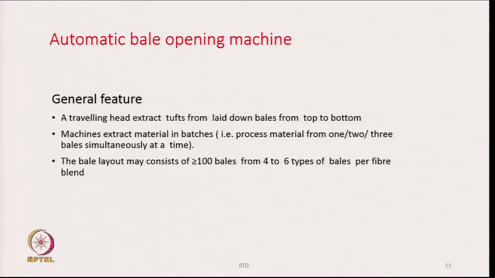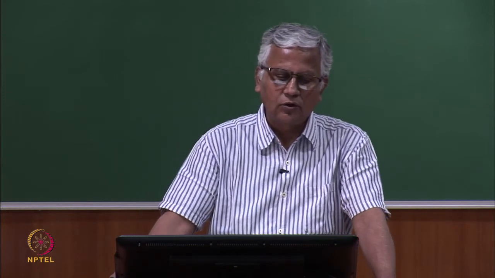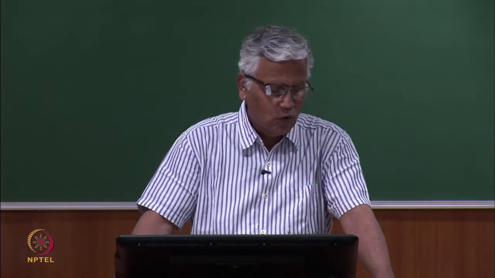Nowadays, what we have is the automatic bale opening machine, which is much more efficient and needs less maintenance, and therefore such automatic bale opening machines are becoming more and more popular today. So, what is the general feature of these machines?